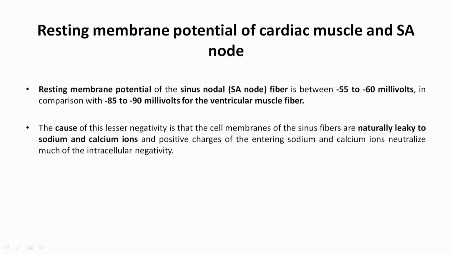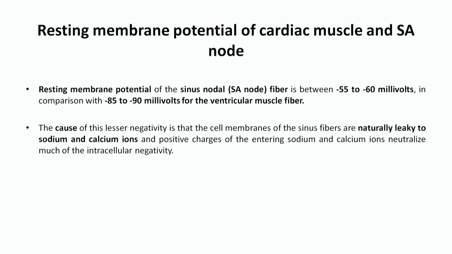Then what is the value of the resting membrane potential of the cardiac muscle and the SA node? The resting membrane potential of the sinoatrial node, SA node fiber, is around minus 55 to minus 60 millivolts, compared to minus 80 to minus 90 millivolts for the ventricular muscle fiber. So, the resting membrane potential of the SA node is lesser than that of the ventricular muscle fiber.